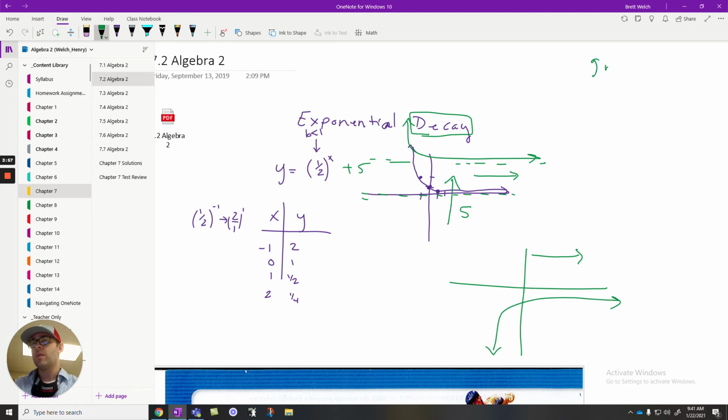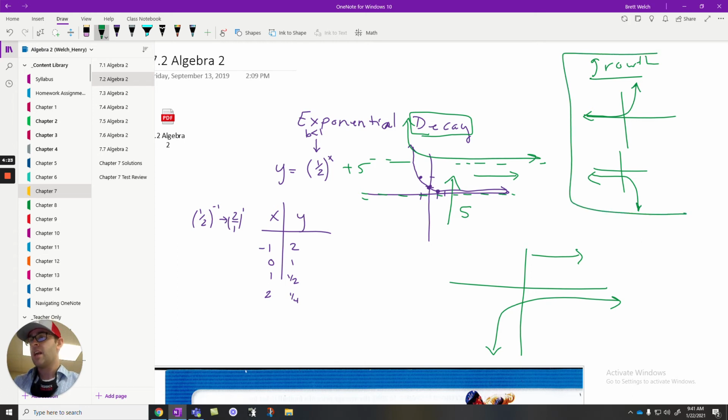Exponential growth problems from last time started out on their asymptote and grew away from that value. Even when we had negative growth problems, they would start out flat along the asymptote and then grow away from it. So those were our growth problems. Decay is all about approaching that asymptote as we go to the right.